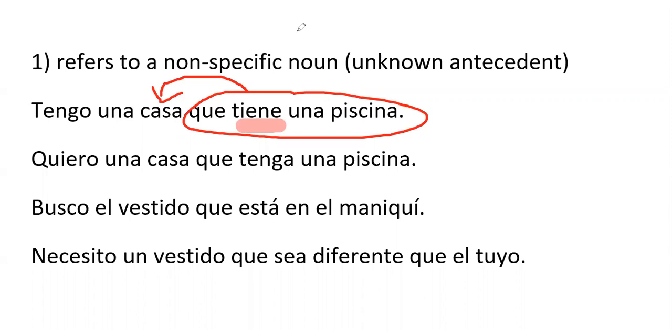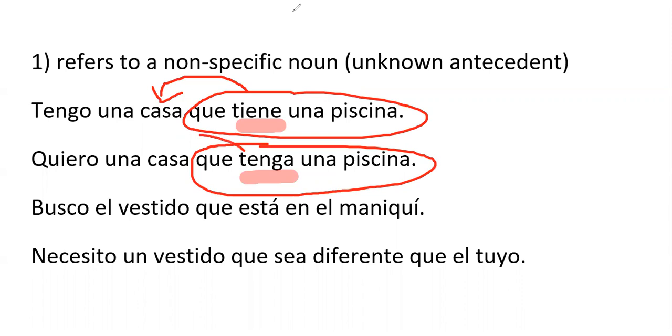Now, we go to the next sentence, and we're going to see the sentence is very similar, but I'm using the verb tenga in that case, because in this one I'm going to refer to the house again. This is still my adjective clause right here. Quiero una casa que tenga una piscina. Now, this clause is referring to this casa.